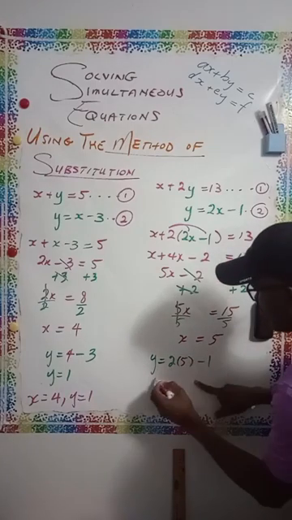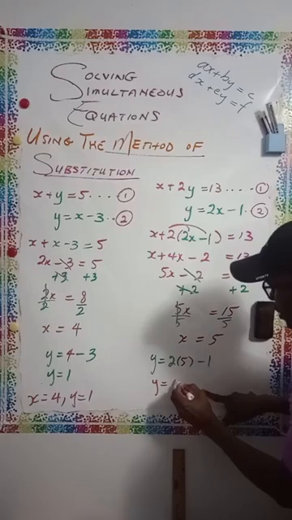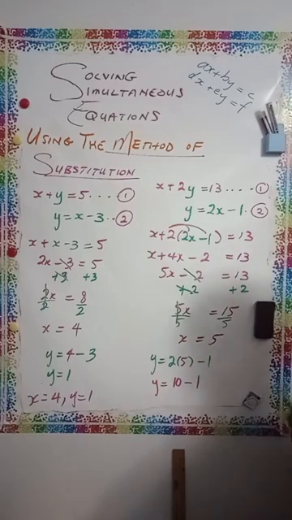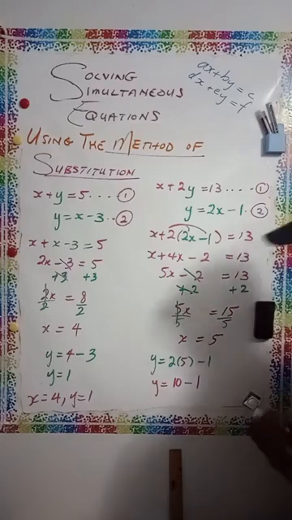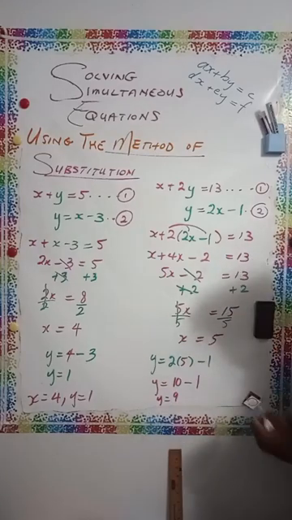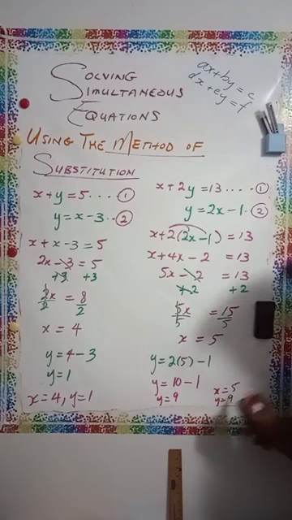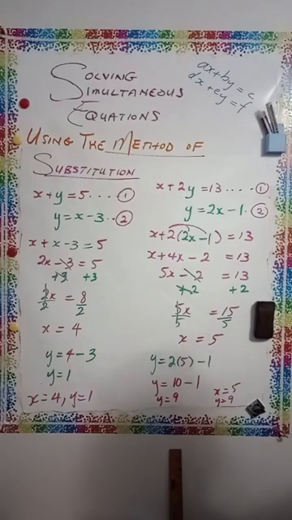So we're going to have this. y is equal to 2 times 5 is 10 minus 1, and 10 minus 1 is what? 9. So we can say that x is 5 and y is 9. So please note what has happened there.